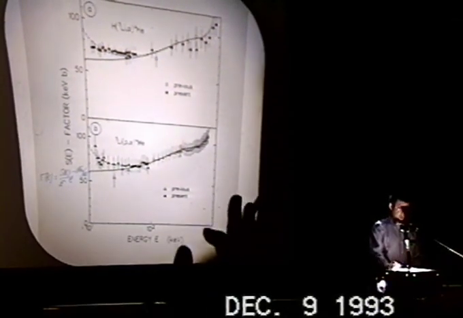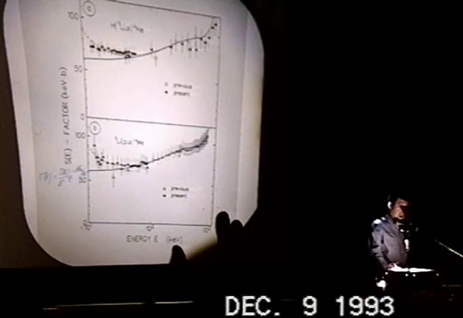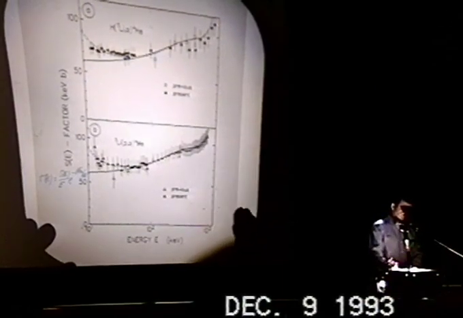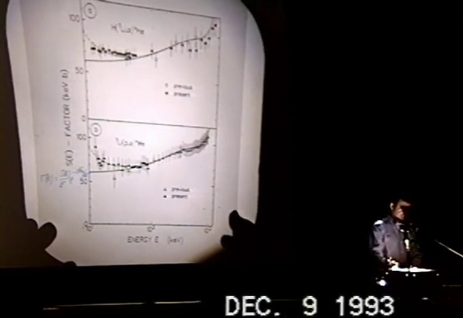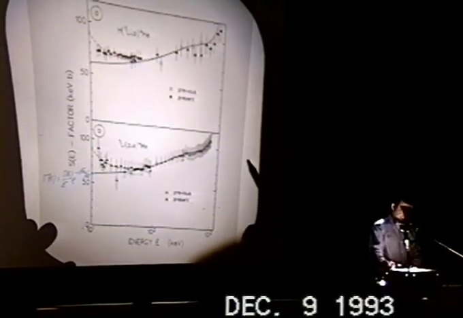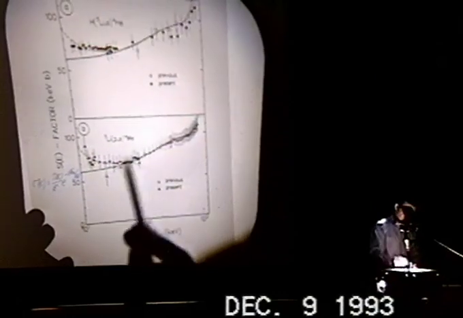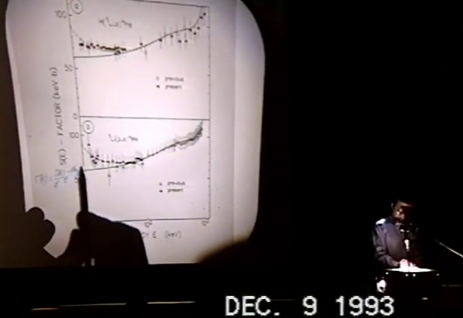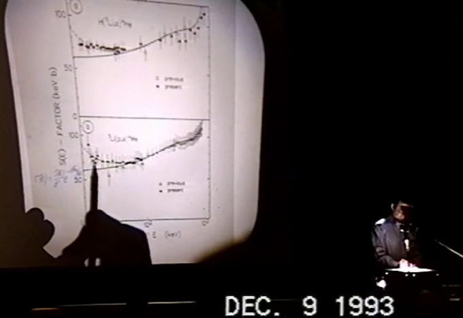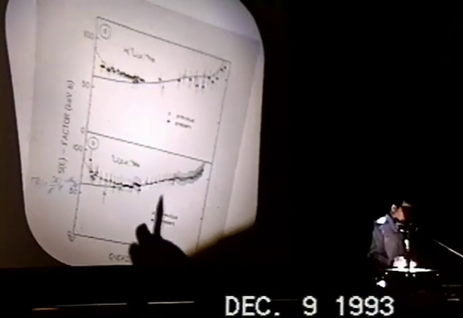But the conventional theory for electron screening cannot give that large a number. It's much less than 200. In fact, it's less than 100 electron volts, so that the conventional electron screening will bring something like this. So this is a big problem for the theoreticians to understand.